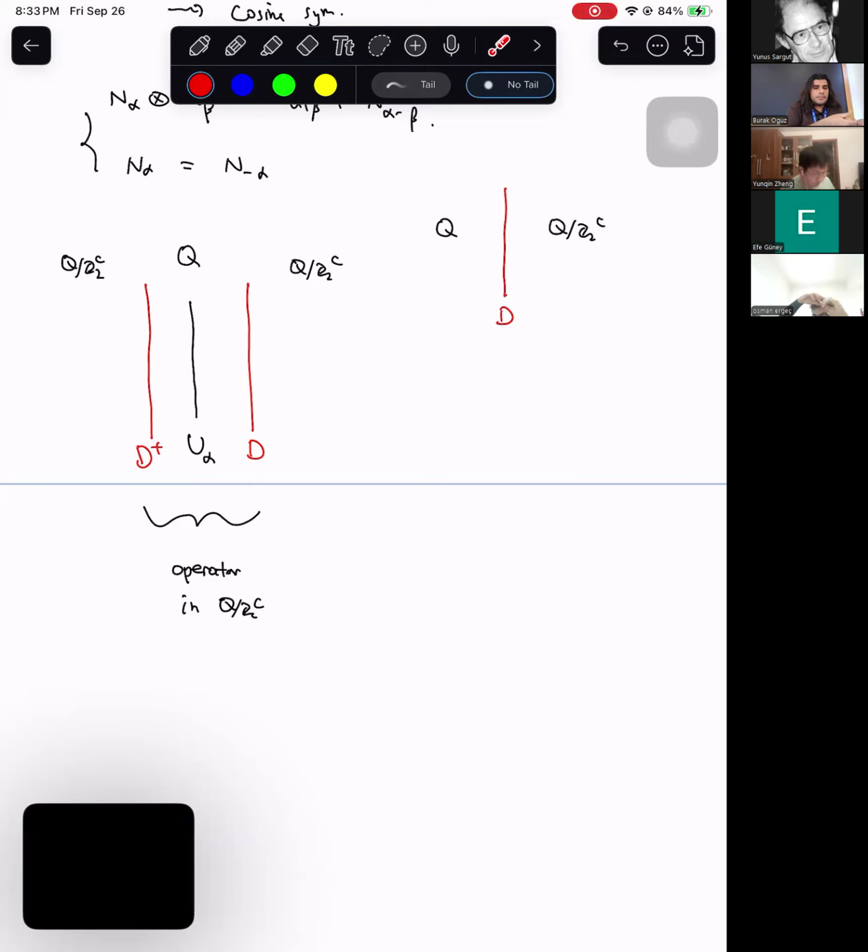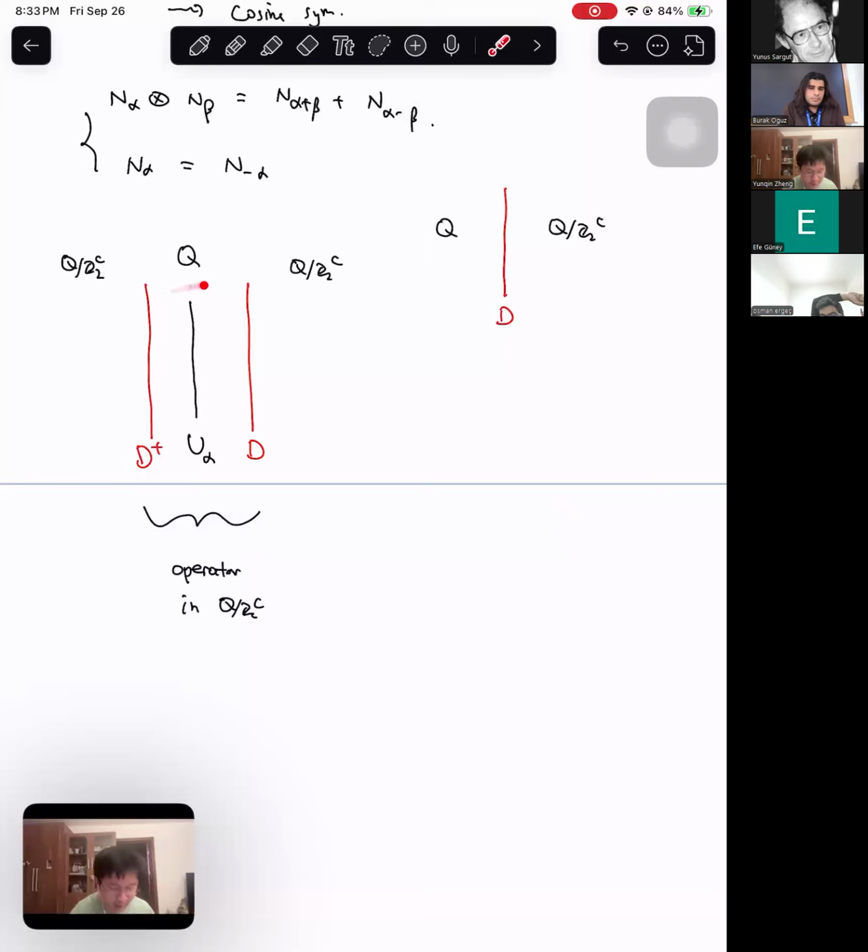Yeah, more precisely, that's right. But the way I would want to interpret it is that I should gauge the Z2 in a thin slab and then take the thin slab limit. You will see why I want to do that in a moment.